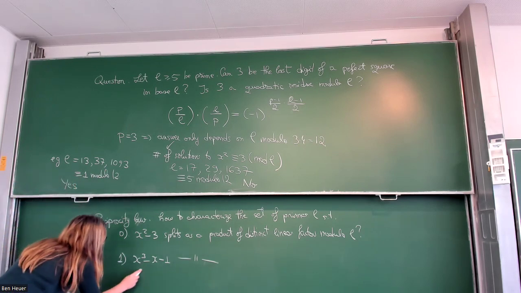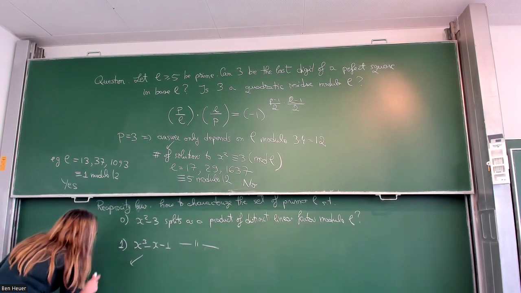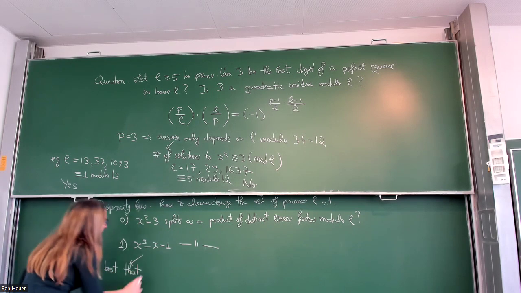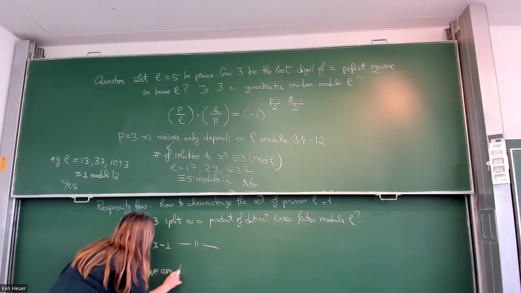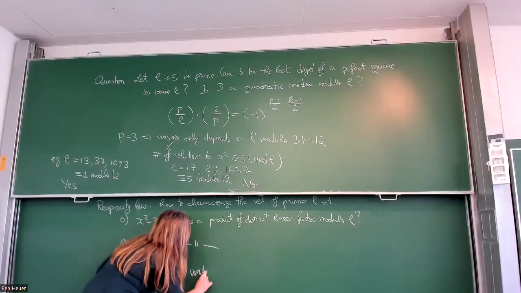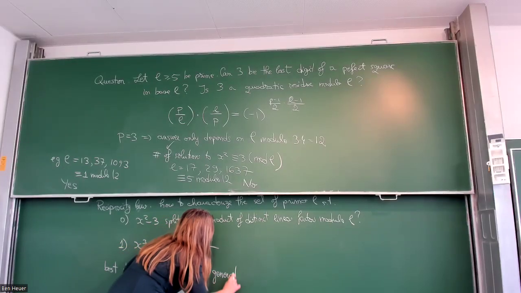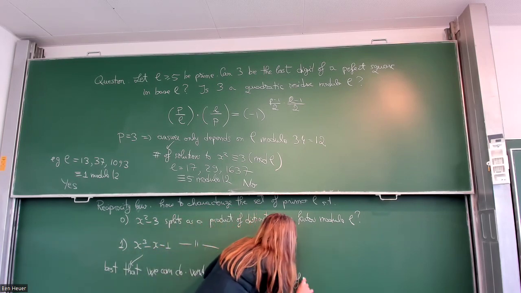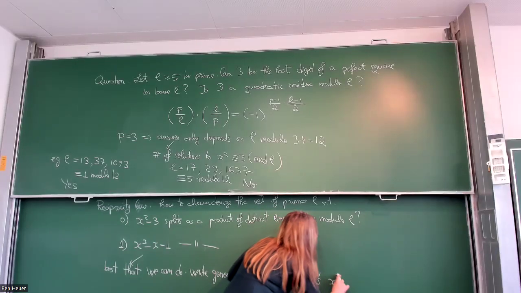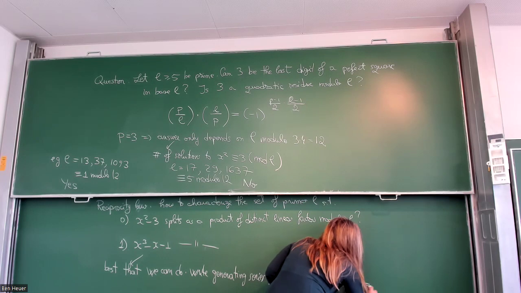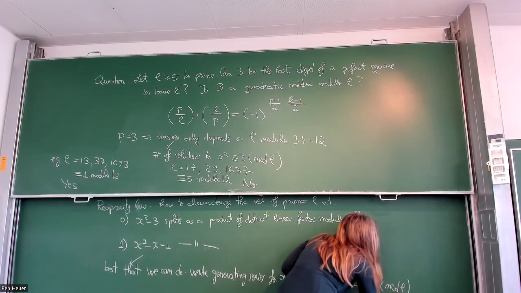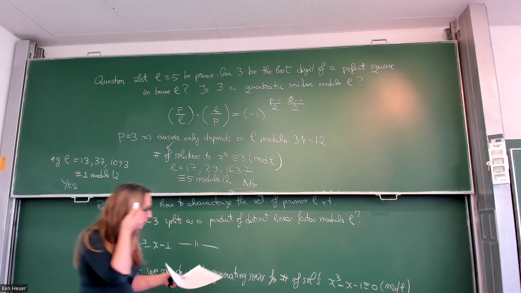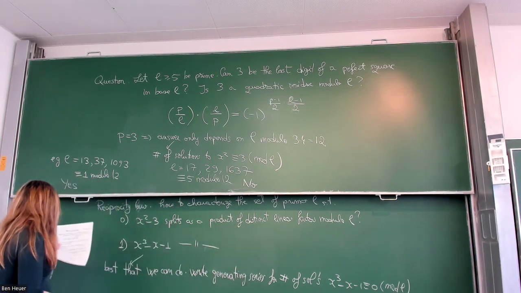But in this case, the best that we can do is write down a generating series for the number of solutions to the congruence x cubed minus x minus 1 congruent to 0 modulo L. And so, you know, if you have three distinct solutions, I guess you have to look in the generating series, and then you can identify the primes L that give you that.